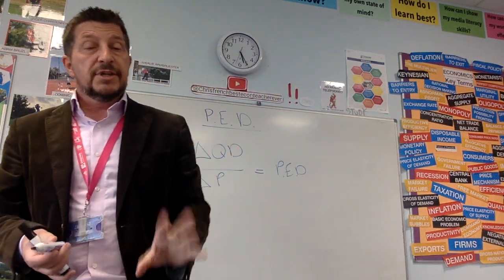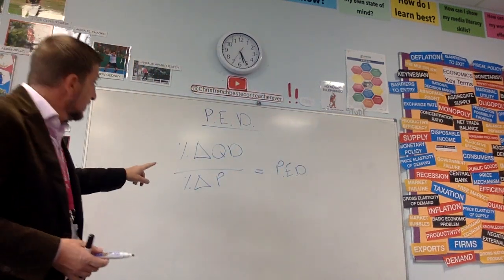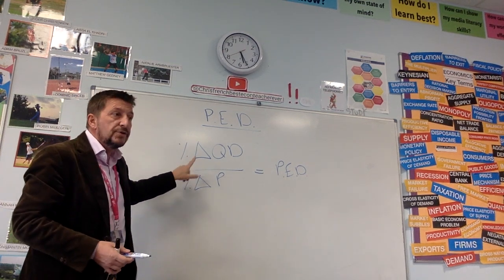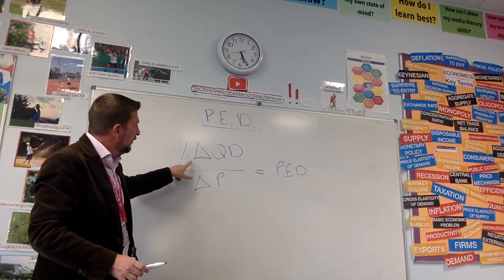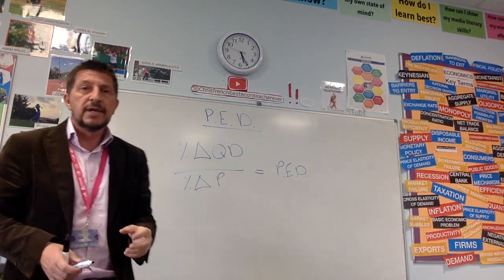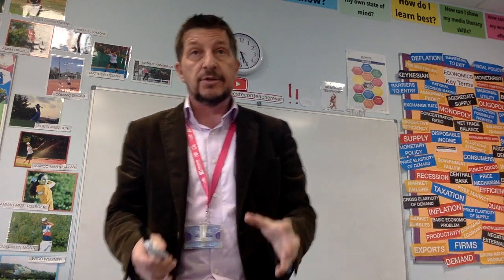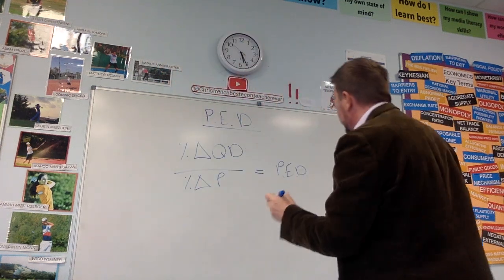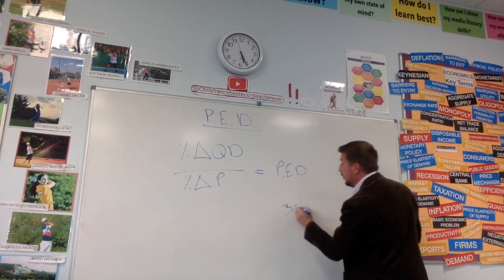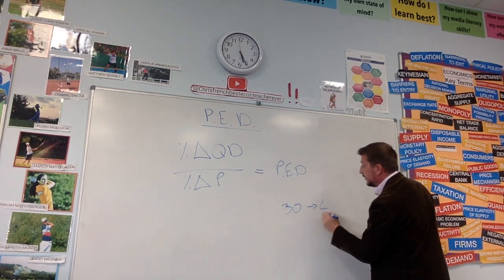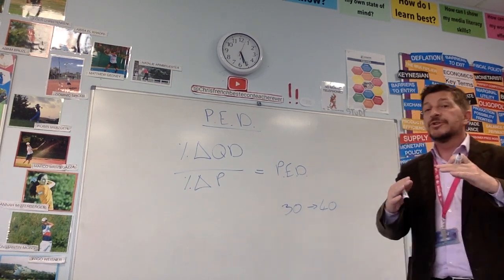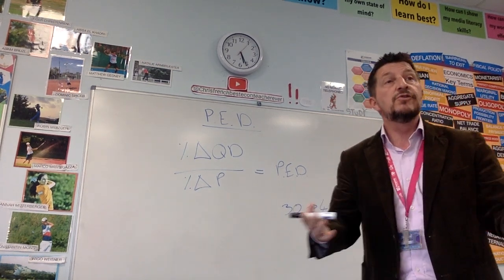So, first things first, let's just look at this percentage change. That's important. What we're going to do is focus on how we calculate a percentage change in something. So if we go from a quantity demanded of 30 consumers to 40 consumers, how are we going to calculate a percentage change in that number of consumers?